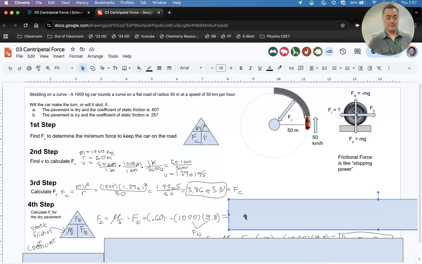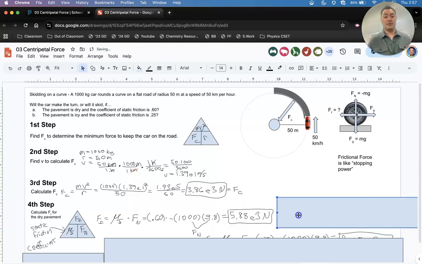Say the whole thing. Did you get exponents on the right? So say it. Times 10 to the third, right? Otherwise known as 5.88 E3.